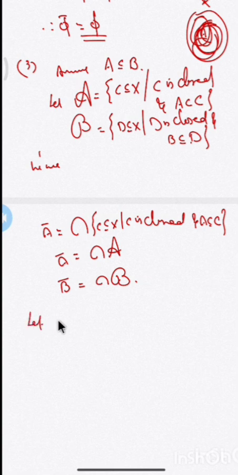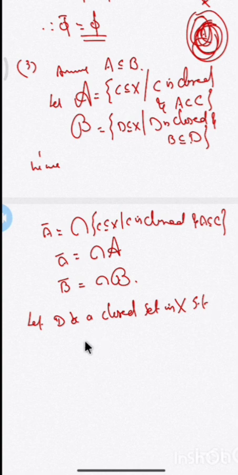Let D be a closed set in X such that B is contained in D. I take a closed set in X such that B is contained in D. What is the meaning of this?